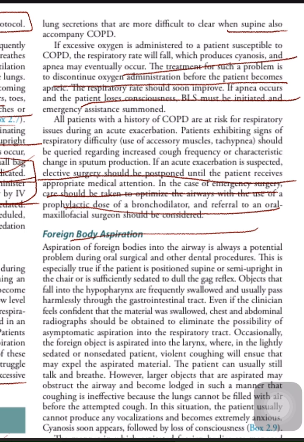The management is quite simple: stop the treatment and make the patient sit in an upright position. So what happens if a COPD patient is given high oxygen? Just think about it. Apnea may develop. The patient may become apneic. So this is an important point in a COPD patient.